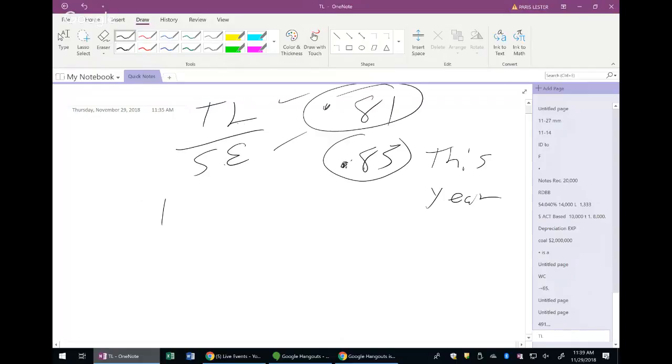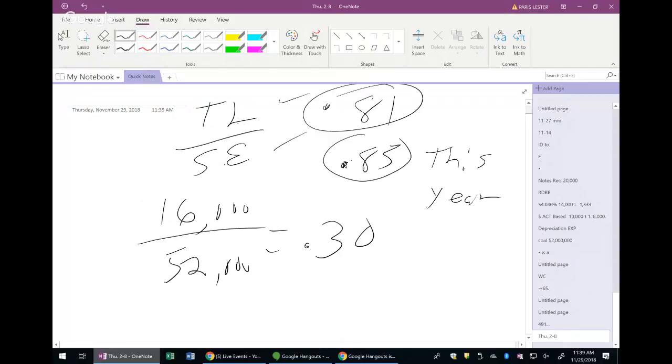So what is my gross margin ratio for this year? 16,000 divided by 52. What does that give me, someone? 0.30.